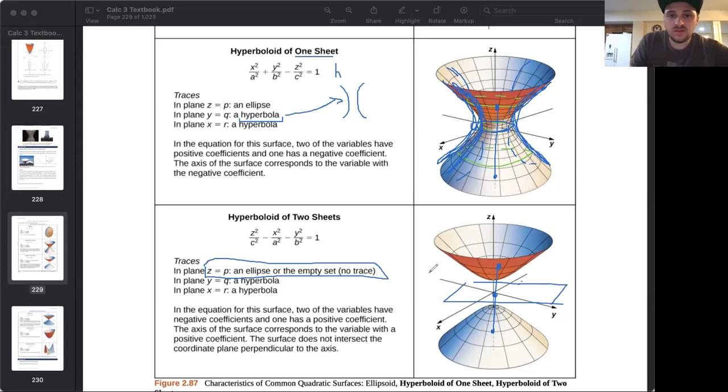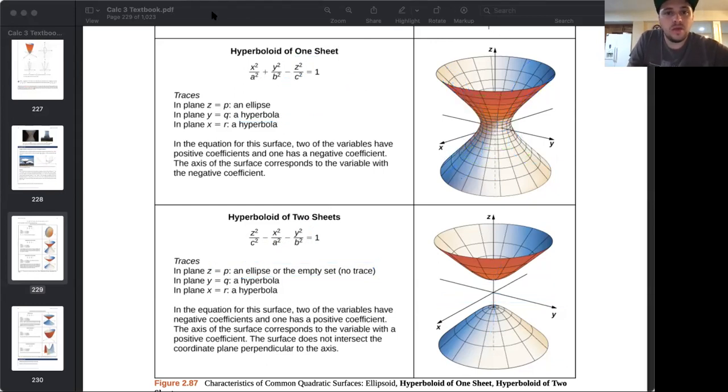And here's a telltale sign. A hyperboloid of one sheet has a plus and a minus, whereas a hyperboloid of two sheets has two minus signs. So that's a telltale sign of knowing when your quadric surface is a hyperboloid of two sheets or of one sheet.